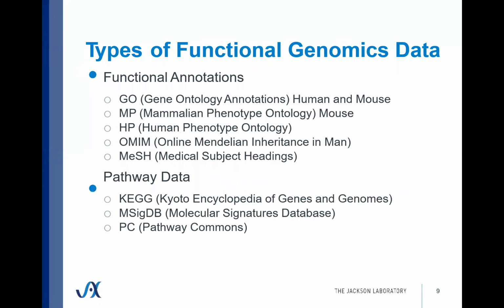So again, lots of different types: functional annotations, GO ontology, MP, HPO, and pathway data included in MSigDB, LD Hub, lots of other data resources. And it's relatively straightforward for us to add data resources, and we've worked with GeneNetwork and others to bring in certain selections out of their databases as well.